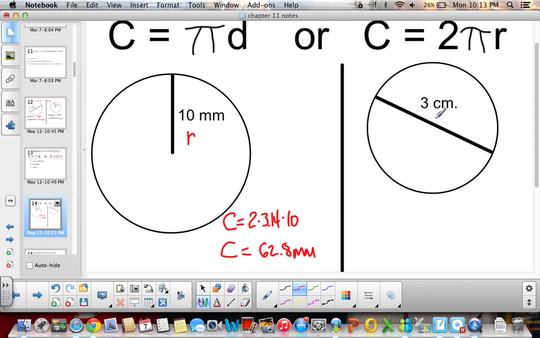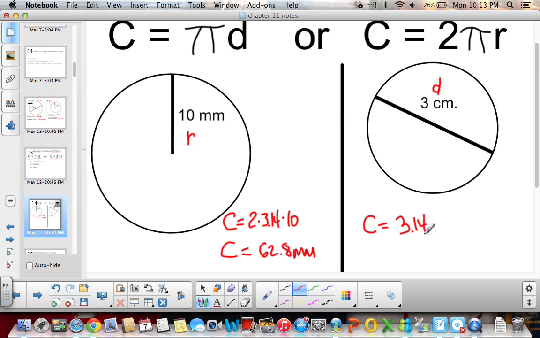This circle over here with the 3 centimeters, this is our diameter. We are given the diameter, so therefore this formula makes more sense to use. So C equals 3.14. If you want to use the pi on your calculator, that's fine.